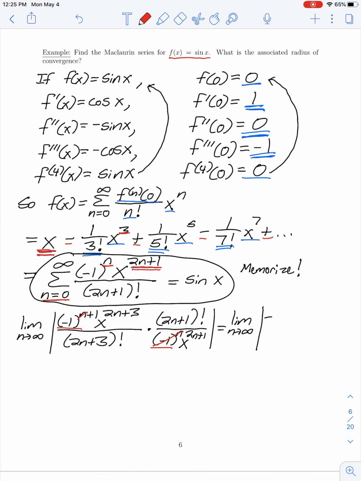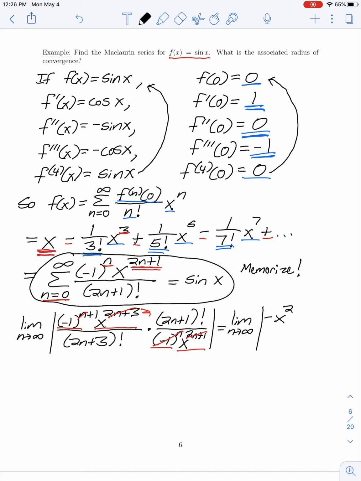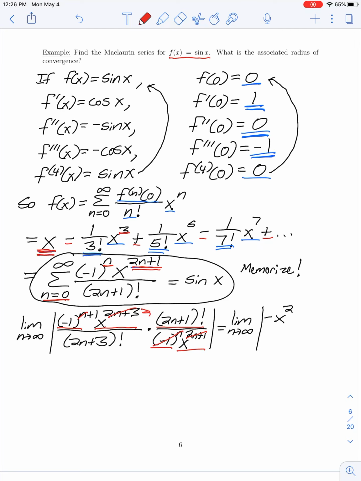Looking at the x terms, our x to the 2n plus 3 over x to the 2n plus 1, if we cancel 2n plus 1 factors, we're left with x squared for our numerator. And lastly, our ratio of 2n plus 1 factorial over 2n plus 3 factorial leaves us with a 2n plus 3 times 2n plus 2 as our denominator.